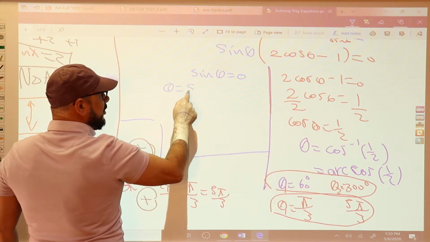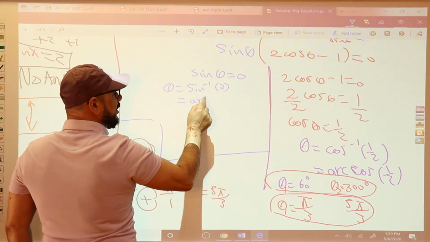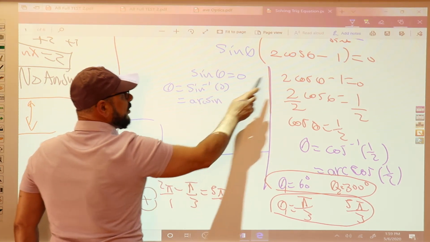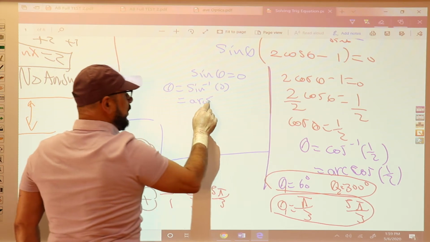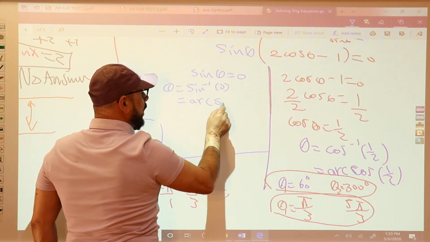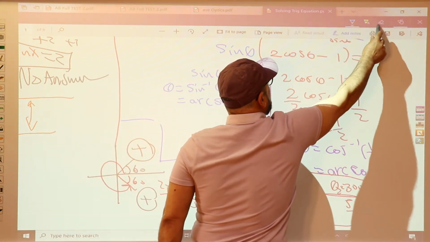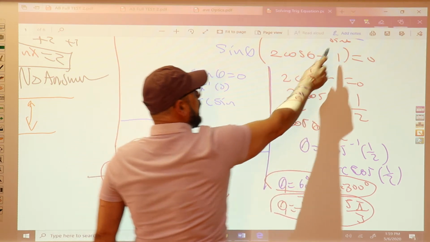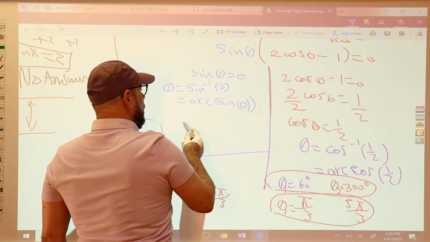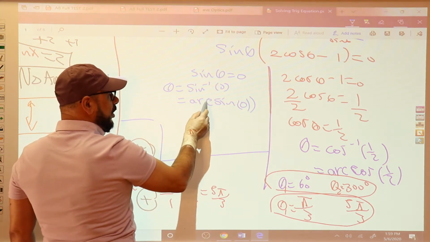Theta equals sine inverse 0, or arc what? Arc sine 0. It's the same arc sine 0.